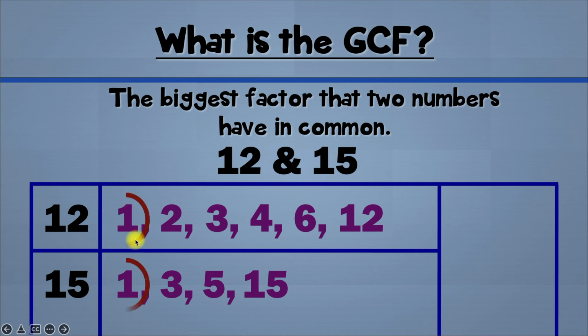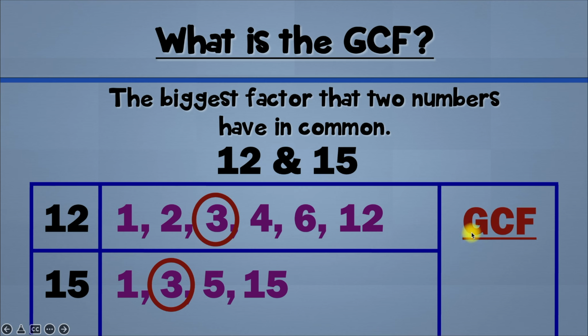Well, I see the number 1 in both rows, and I also see the number 3 in both rows. Well, which of these factors that they have in common is the greatest common factor, or the biggest? Well, that would be this number here, 3. Therefore, we could say that the greatest common factor, or GCF, of 12 and 15 is 3.